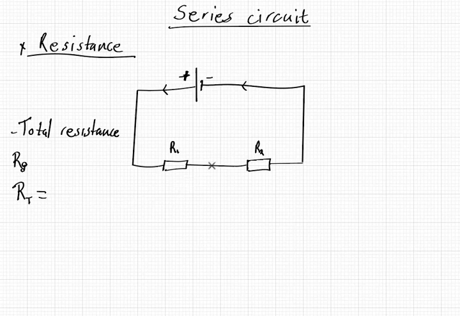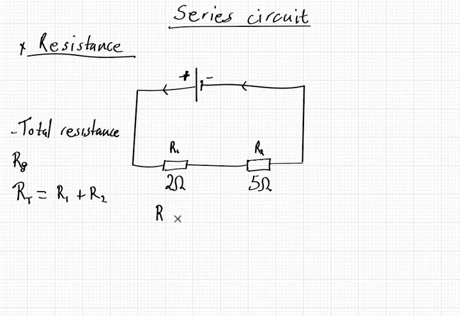How many resistors in series? There are 2, so it's R1 plus R2. So let's give them values and see what we mean. This one is 2 ohms, this one will say is 5 ohms.